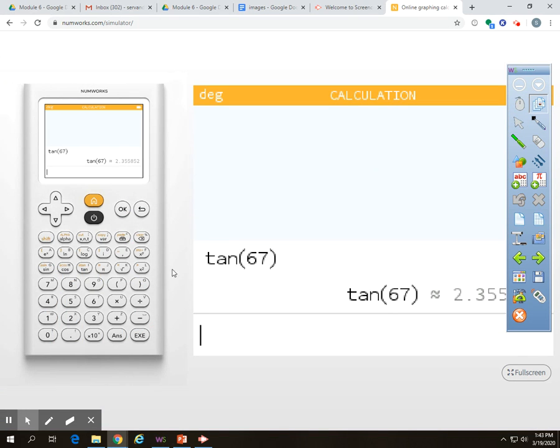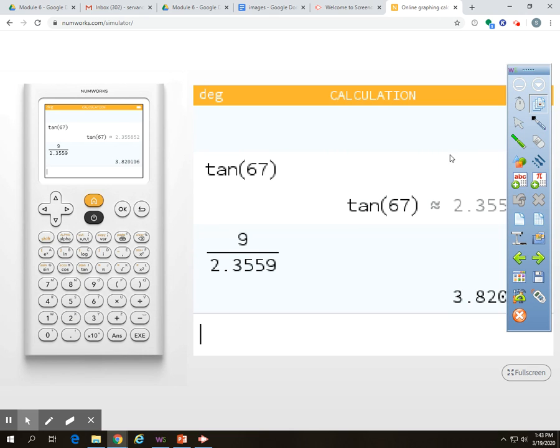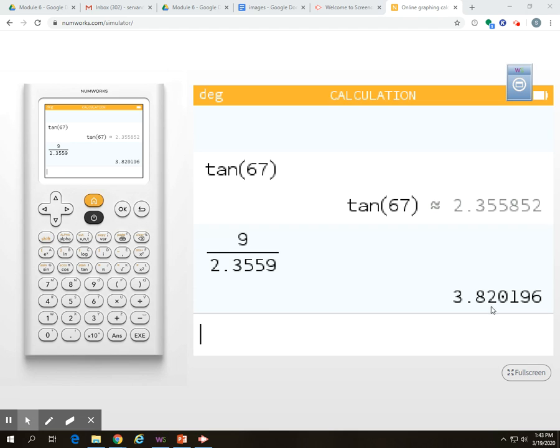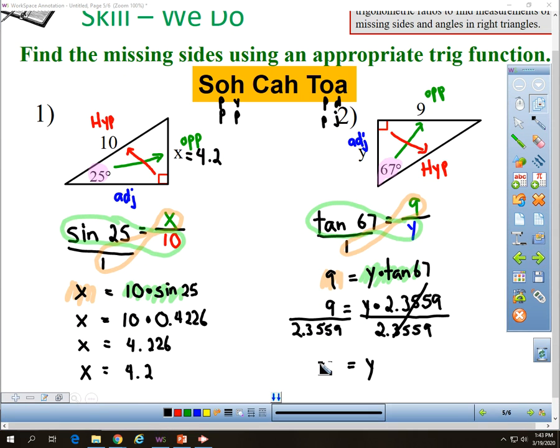That's going to be 9 divided by 2.3559. Enter. And our answer is 3.82 and other digits. We're rounding to the nearest tenth, so this is 3.8. That means that y is equal to 3.8.